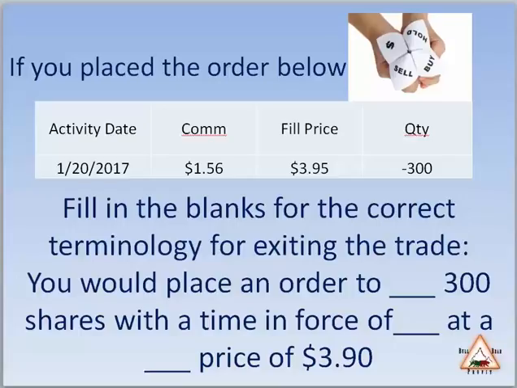If you look at our order here, if you place the order below, you got a fill price of $3.95 and the quantity is negative 300. So what does that tell you, just that information alone? What kind of trade are we in? We're in a short. Yes, exactly, because it says negative 300.